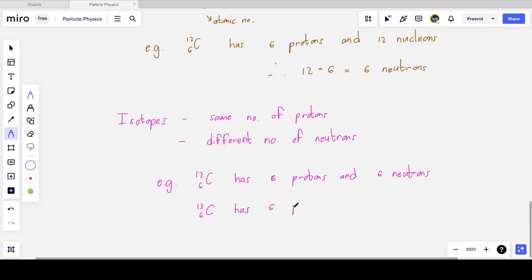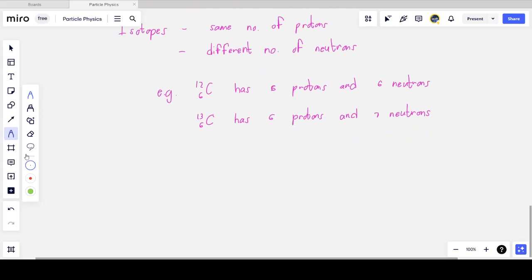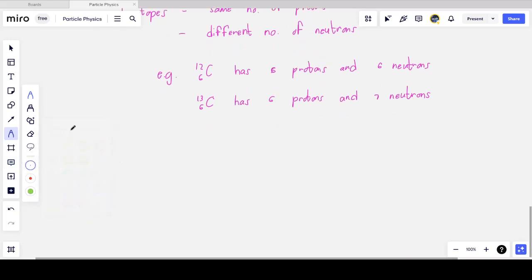Carbon-13 also has 6 protons. The number on the bottom is still a 6. But now 13 minus 6 gives me 7, so what's remaining must be 7 neutrons. So carbon-13 is an isotope of carbon, and carbon-12 is an isotope of carbon, because there are many different types of carbon. We can also get carbon-14 with 6 protons and 8 neutrons, and so on. This could be the case for many different types of atoms, not just carbon. So the number of protons and neutrons need not be equal.